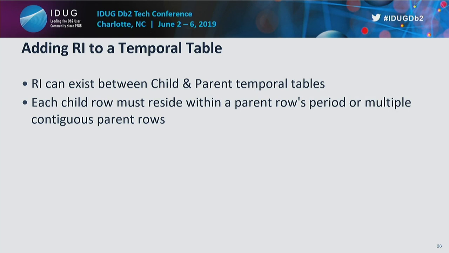Now, if you're using application logic in the business time, if your parent row exists, let's say for January 1st to January 31st, you cannot have a child row that goes from January 1st to February 1st, because that's not valid. It's only valid when the parent is valid as well. So that's why you have to have contiguous parent rows to make those rows valid.